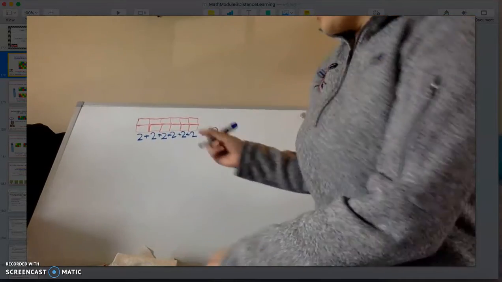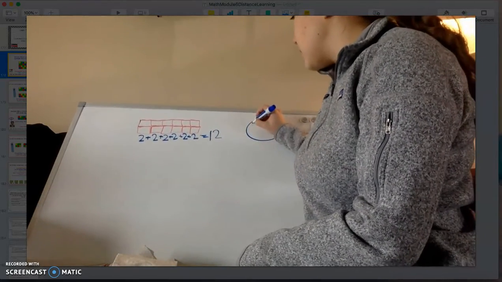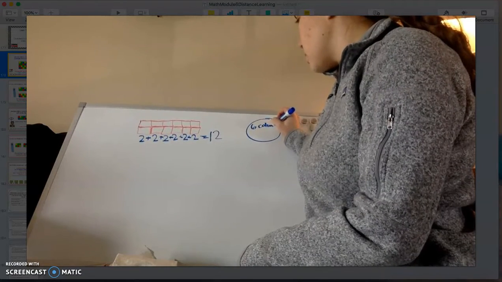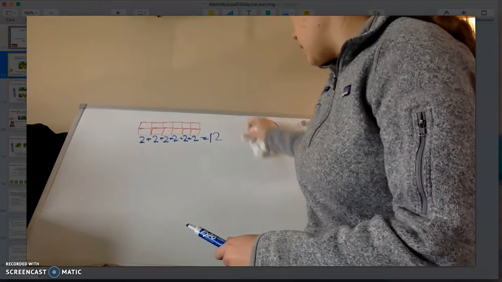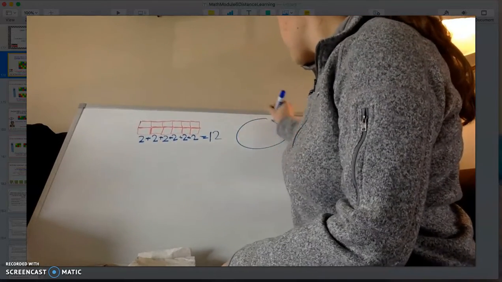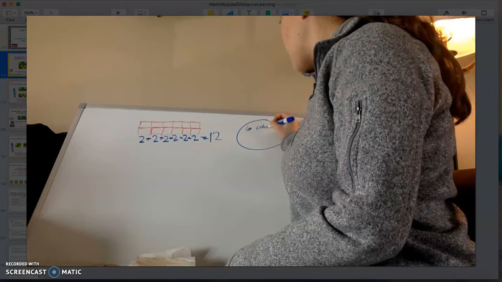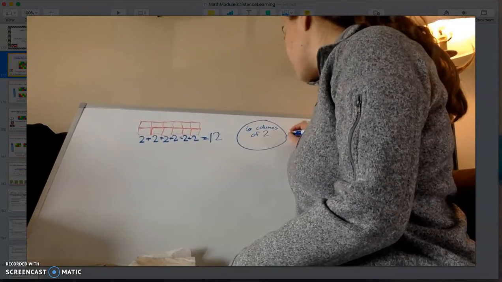So let's start our number bond, where we had 6 columns. That was really messy, so I'm going to erase that so you can see a little bit better. 6 columns of 2.